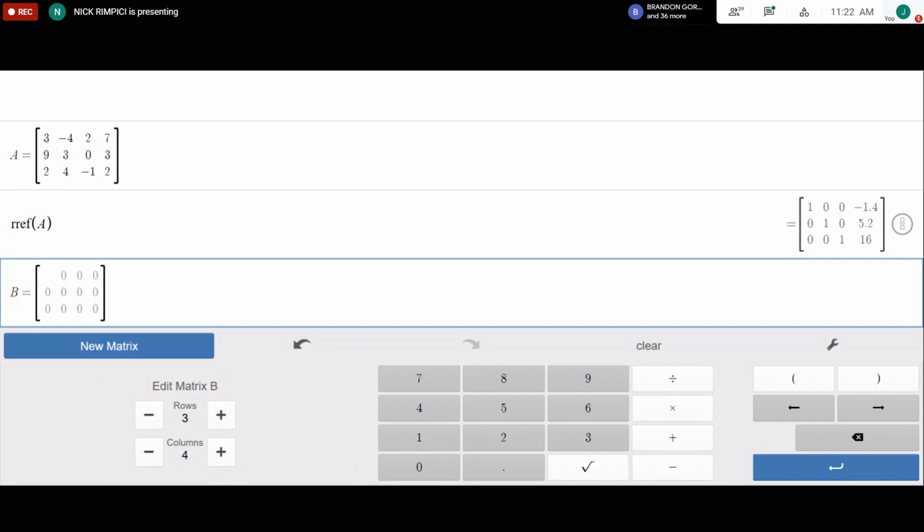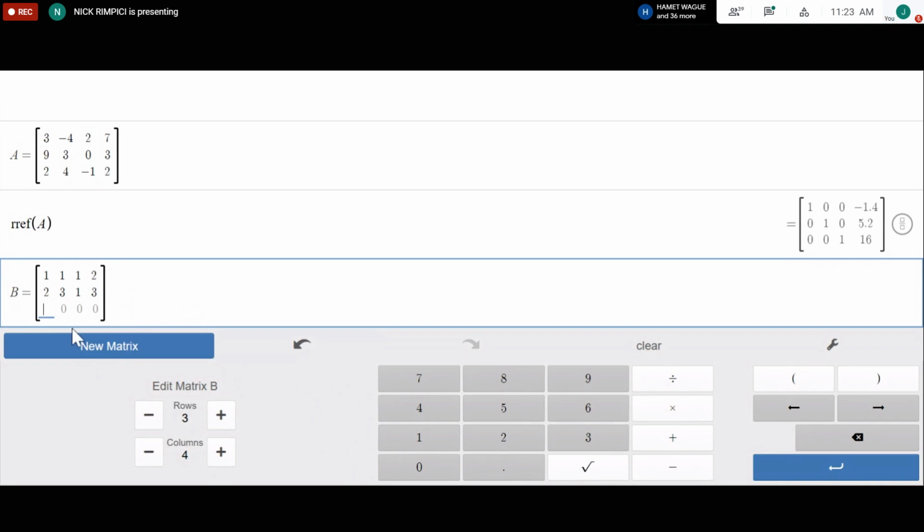My data is 1, 1, 1, 2 for the top. There's my top line. My next line is 2, 3, 1, 3. Oops, 1 and 3.